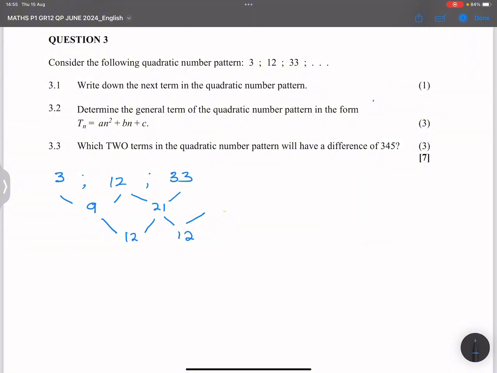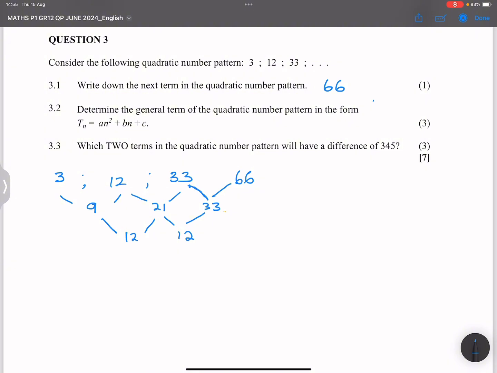So that will be 21 plus 12, which will give me 33. And now to get my next term of the pattern, I'll say 33 plus the 33, which will give me 66. So the next number should be 66.